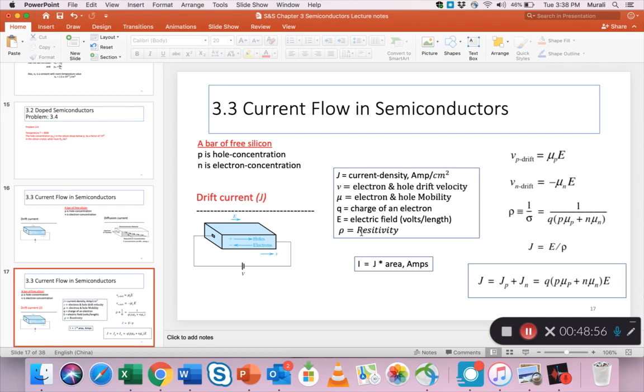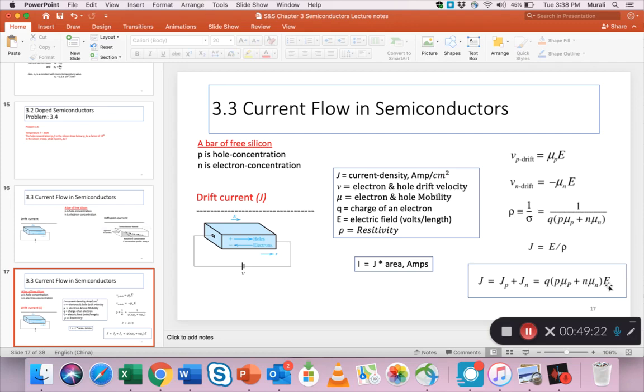And then there's something called resistivity, or rho. All these are used in calculating J, the drift current density, which is the sum of two terms, hole density and electron density, and each of these can be shown to be this and this.